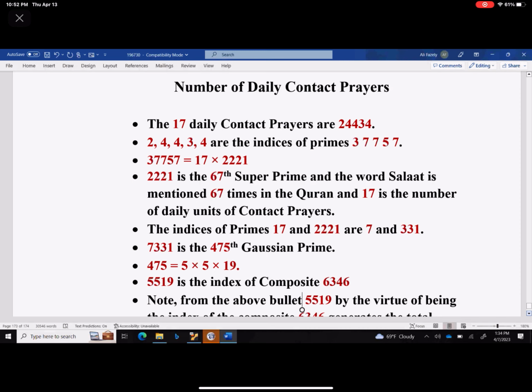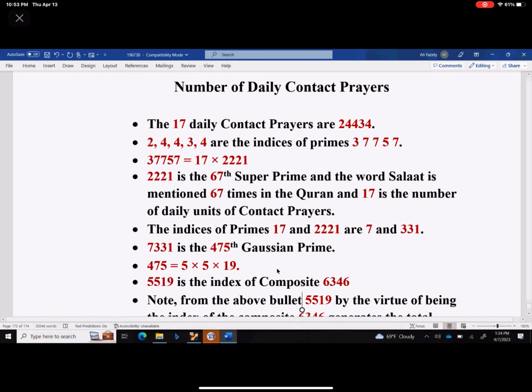The indices of these two primes, 31 is the 11th prime, 191 is the 43rd prime, 1143 is equal to 9 times 127. So if I want to talk about these numbers, the whole day I would have to talk about these numbers, and we don't have time. But we are witnessing these things.